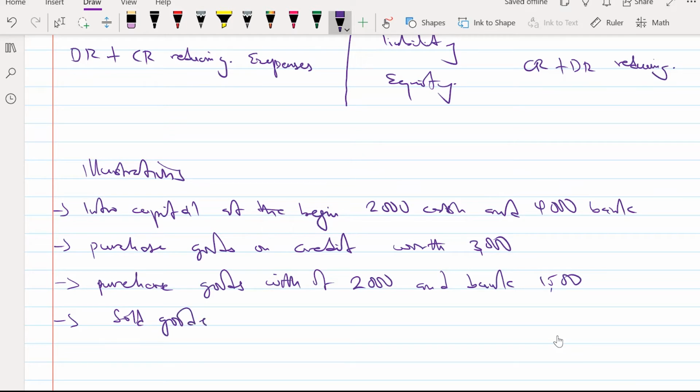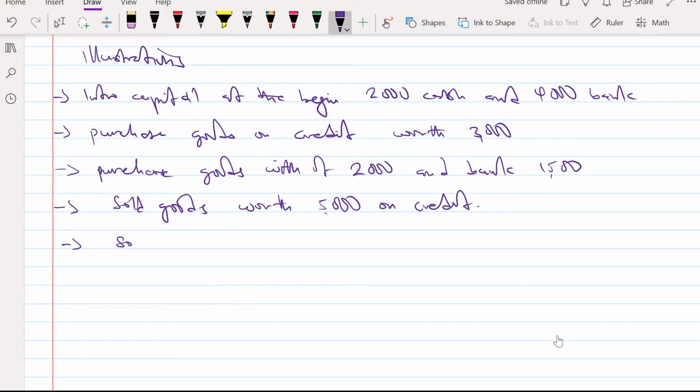Sold goods worth 5,000 on credit, and we have sold goods with cash of 4,000 and bank 3,000.